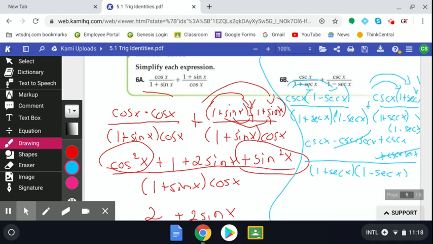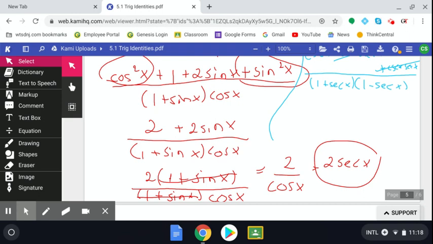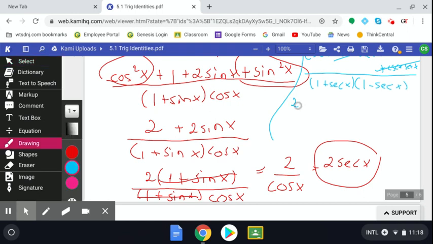And so I'm going to write that out. 2 cosecant x over, and now I'm going to FOIL this guy here on the bottom to see if I can use any of the identities. So that would be 1 times 1 is 1, minus secant x plus secant x would cancel out, so minus secant squared x.